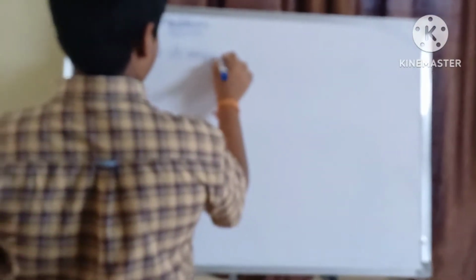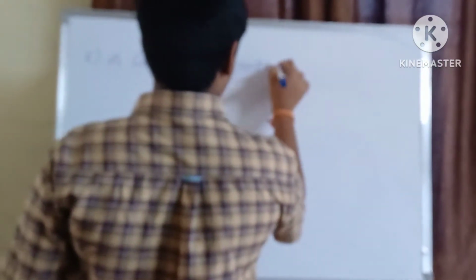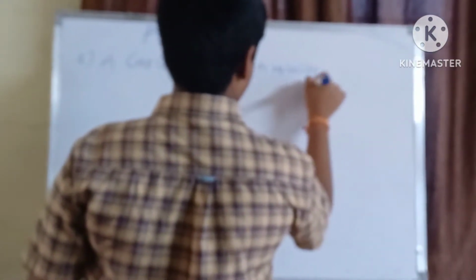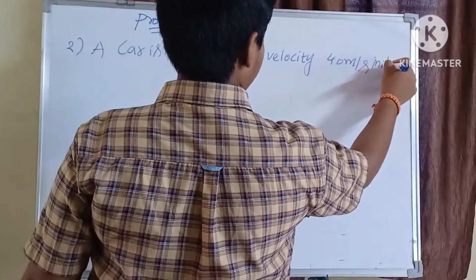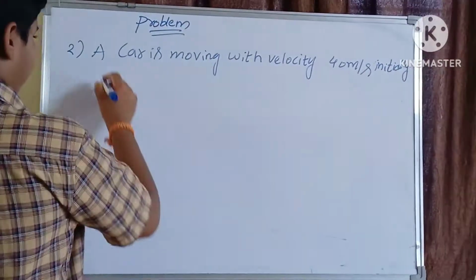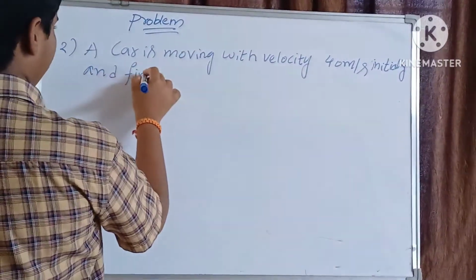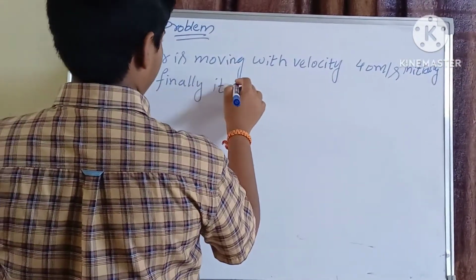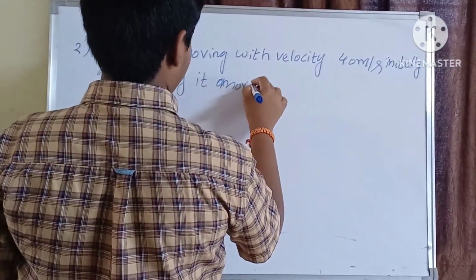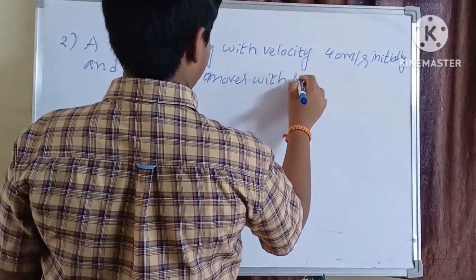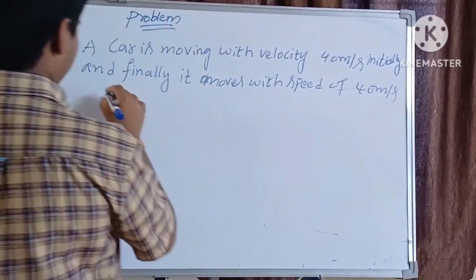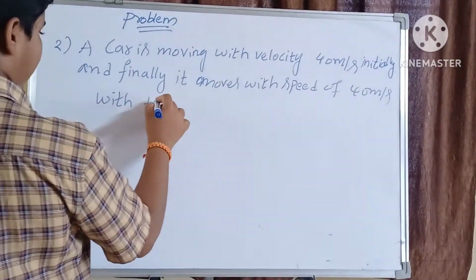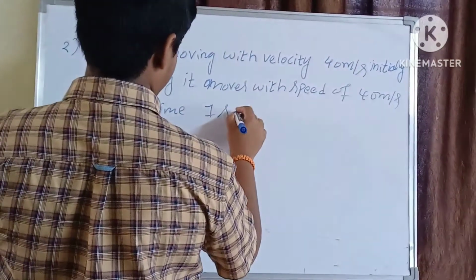A car is moving with the velocity 40 meter per second initially and finally it moves with the speed of 40 meter per second with time 1 second.